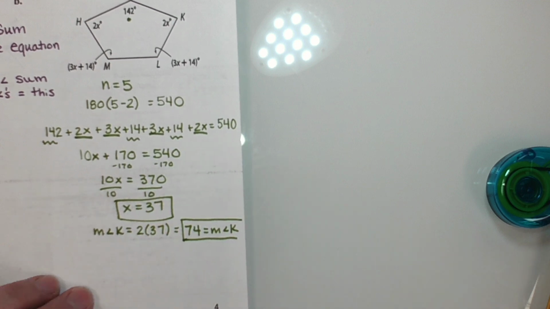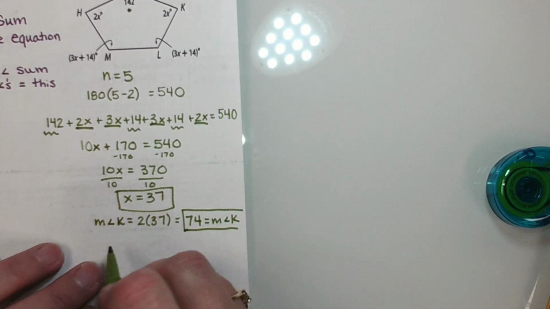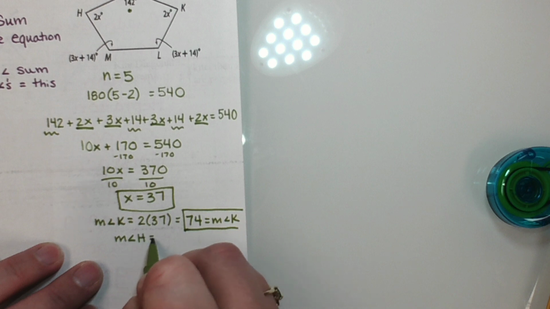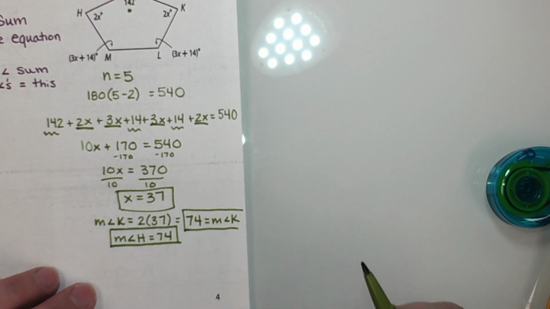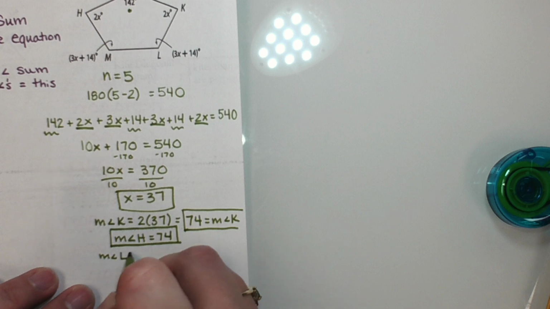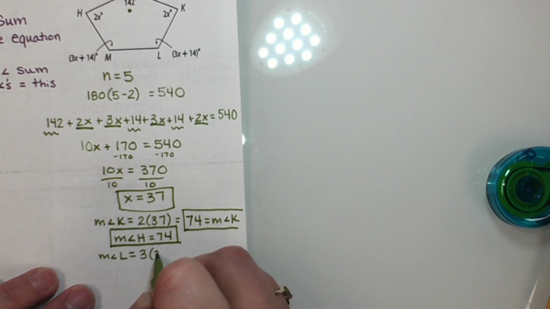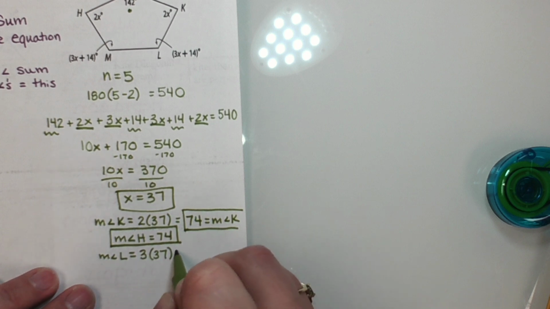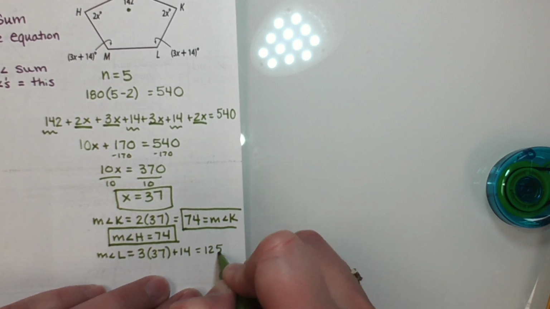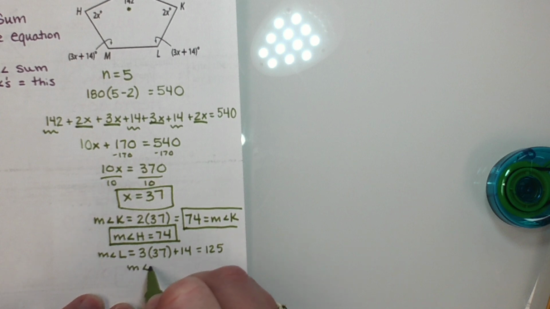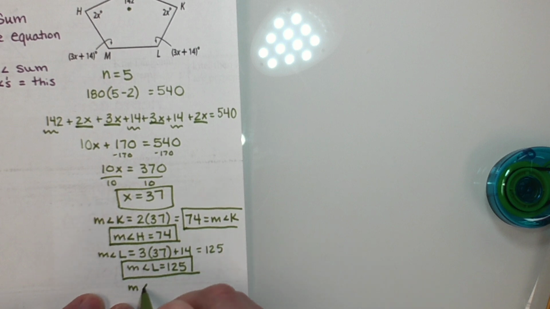Isn't that the same as angle H? Okay, I can do that one too. Measure angle L equals 3 times 37 plus 14. 125? I'm trusting you. I haven't done the math. Isn't that the same for angle M?